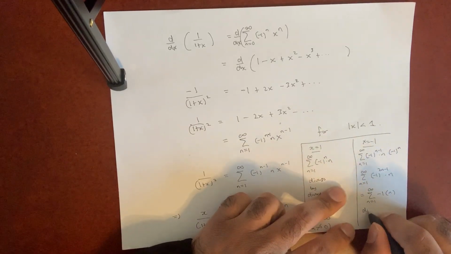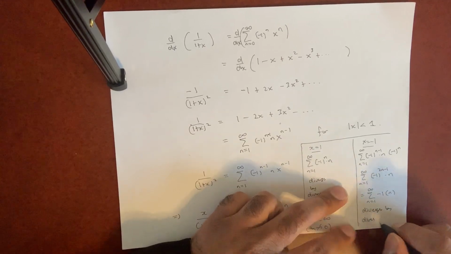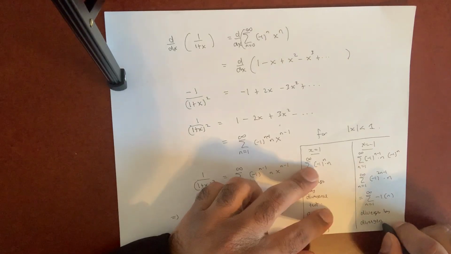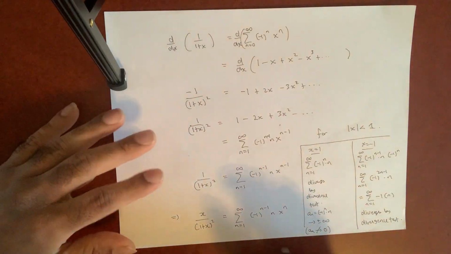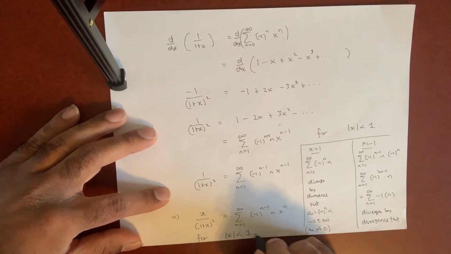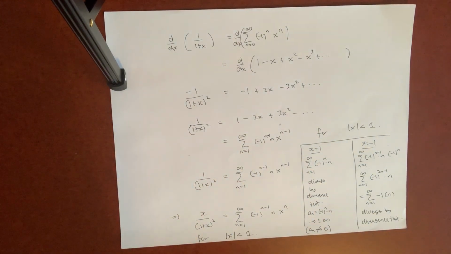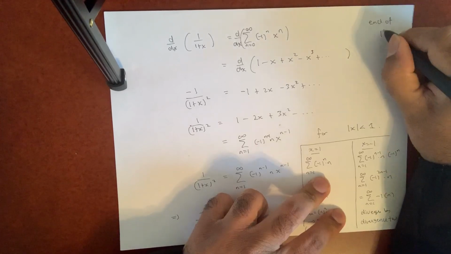And again, this diverges by the divergence test. So we actually get exactly the same interval as the original. So this is true for x less than 1, because both of the endpoints fail to converge. Okay, so that's it for that problem, and that's actually the end of 11.9.